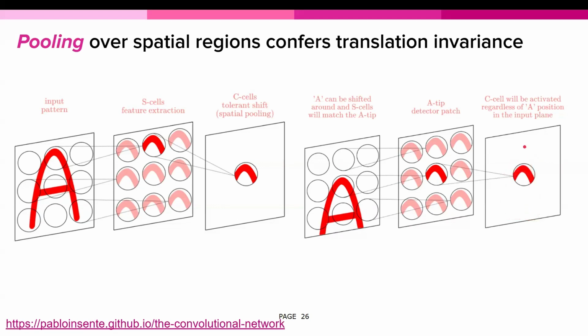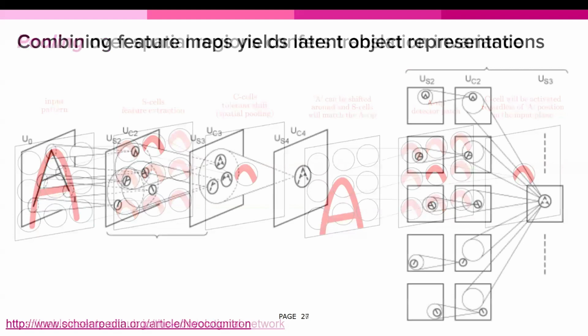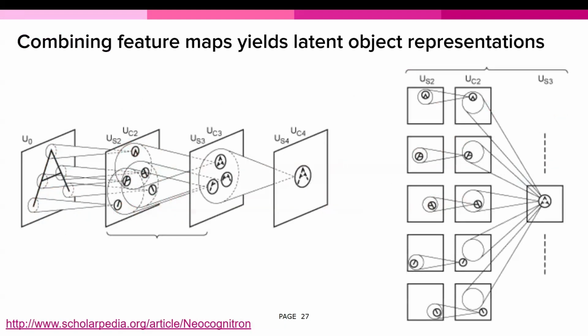And so the network now has some degree of translation invariance, to move beyond the translation equivariance that was given by convolution alone. So within a given level, pooling over spatial regions induces that translation invariance.